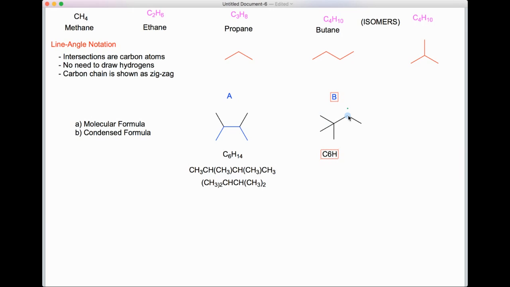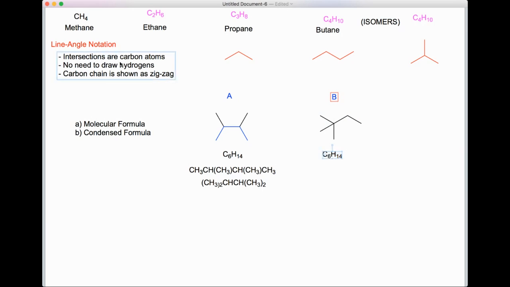How many here? That's 2, 11, and 3, 14. C6H14. So therefore, these two guys, A and B, are isomers.